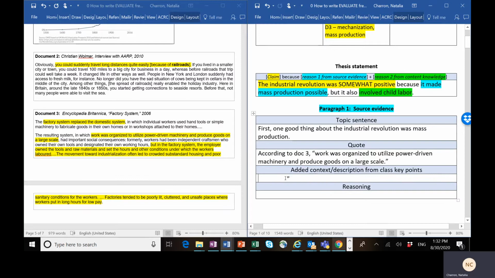Other than definitions, a good way to go about adding context or detail is to talk about short-term effects of whatever it is that you're talking about.